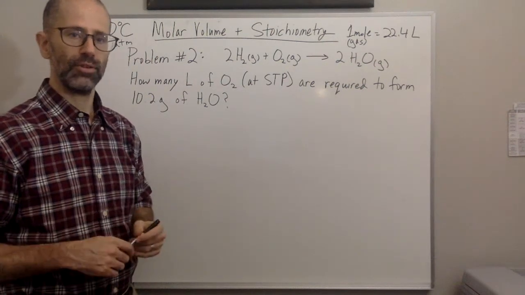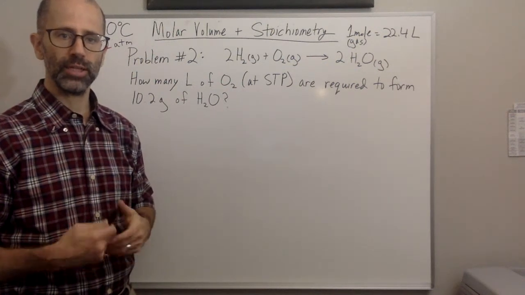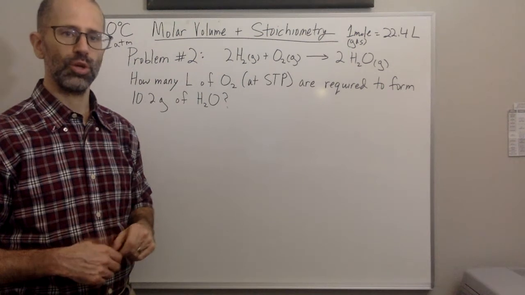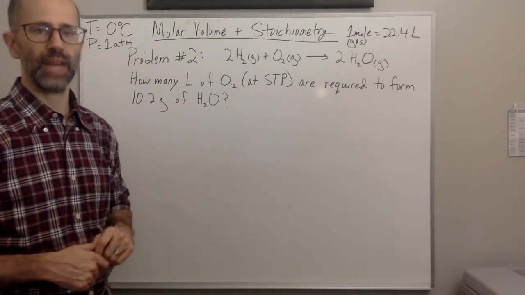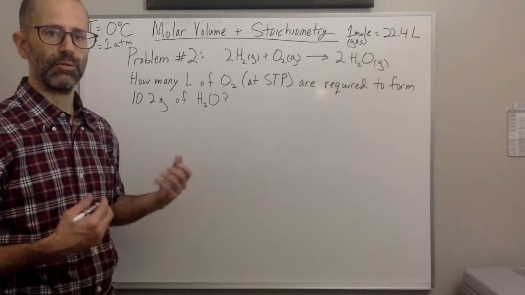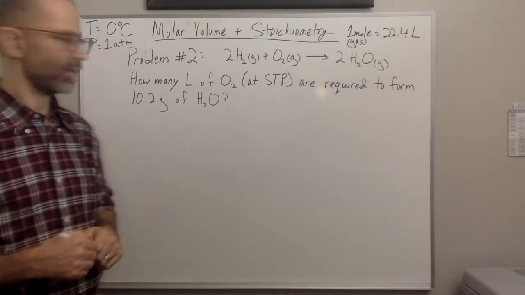Recognizing that will help you work a problem more quickly and easily than if you don't recognize it. But you can still solve the problem using the ideal gas law. But if you recognize that you're under STP, then you can save yourself a couple of steps.